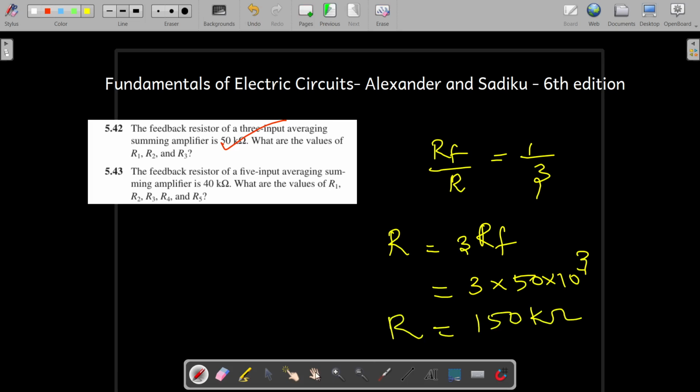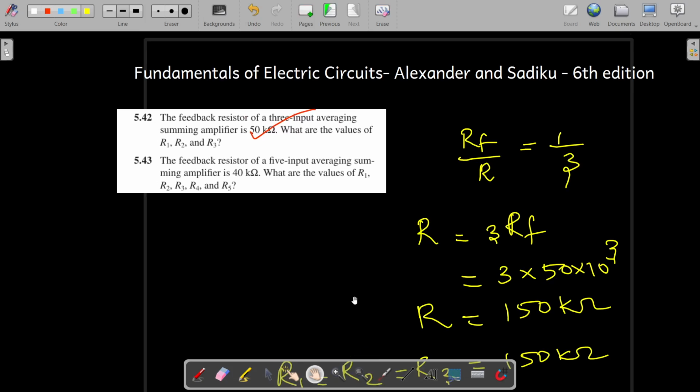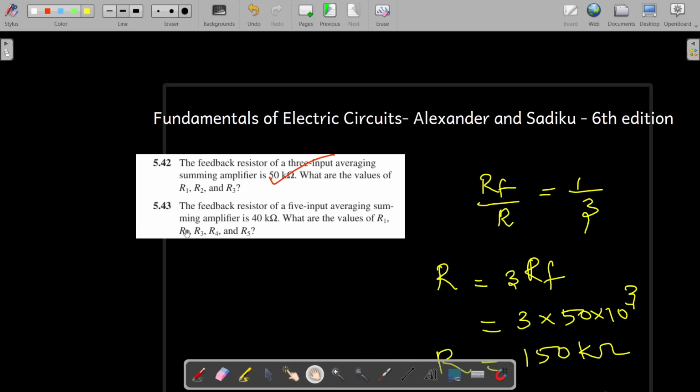This is for R. That means R1 is equal to R2, that is equal to R3, that is equal to 150 kilo ohm. So all the input resistor values are 150 kilo ohm each.